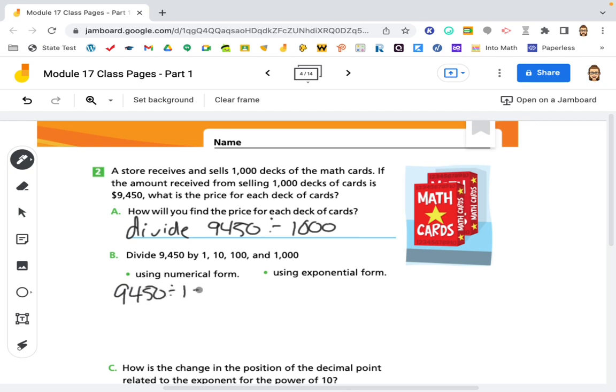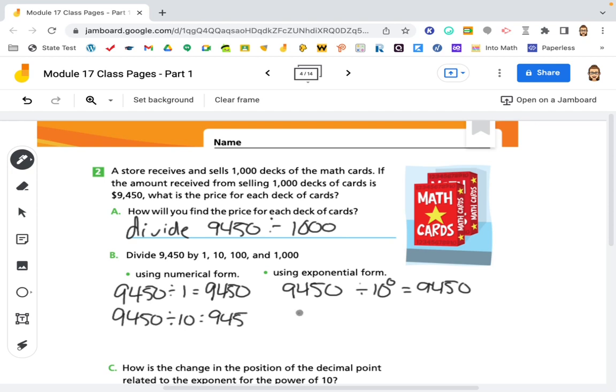9,450 divided by 1 equals 9,450. That would be the same thing as 9,450 divided by 10 to the 0 power. We're going to go 9,450 divided by 10. It's going to equal 945.